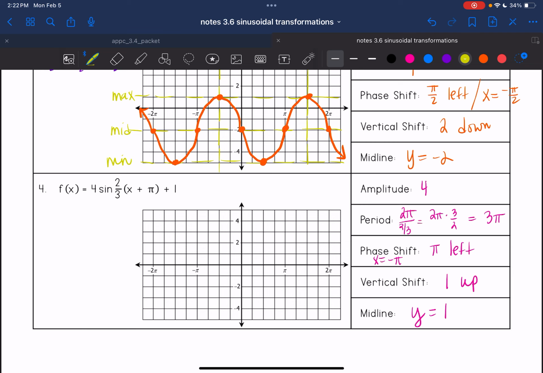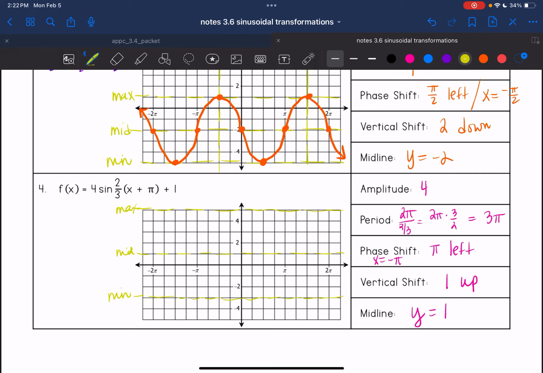Okay, now let's put all of that onto here. y equals 1, that's our middle. Amplitude is 4, so I would go 4 up, and that's our maximum. 4 down, and that's our minimum.